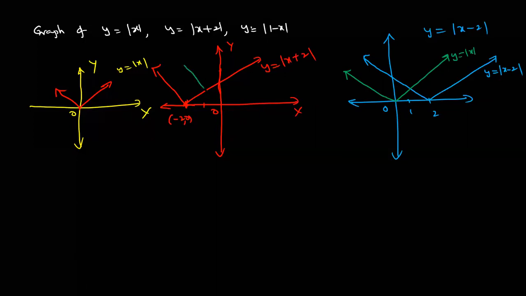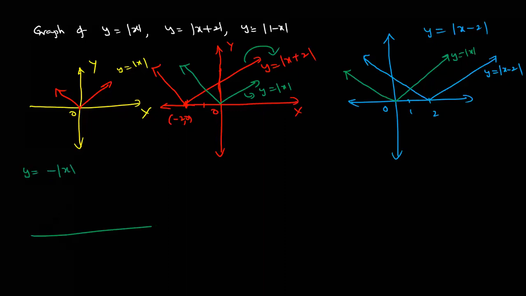So please observe this point, all of you. This is y is equal to mod x. Till now the coefficient of mod x is 1. Suppose it is coming negative. But how to draw these graphs? That's the question. See, y is equal to minus mod x.